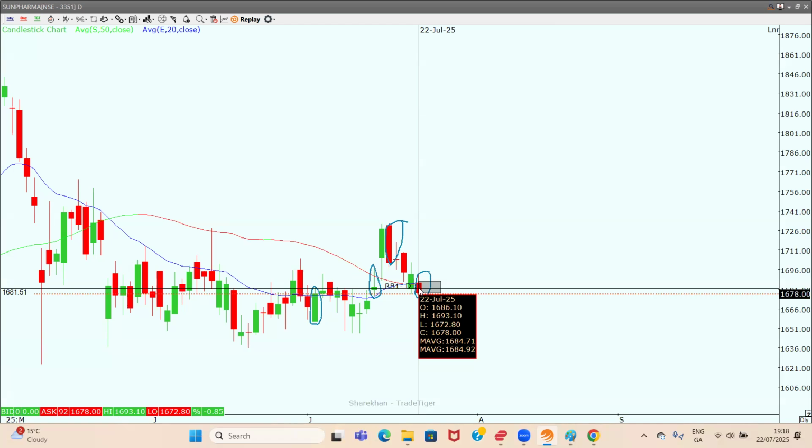Look at the high and low: 1693 to 1672. That means around 20 rupees. But the actual price volume was from 86 to 78, only 8 rupees. But the price action has gone for 21 or 20 rupees.